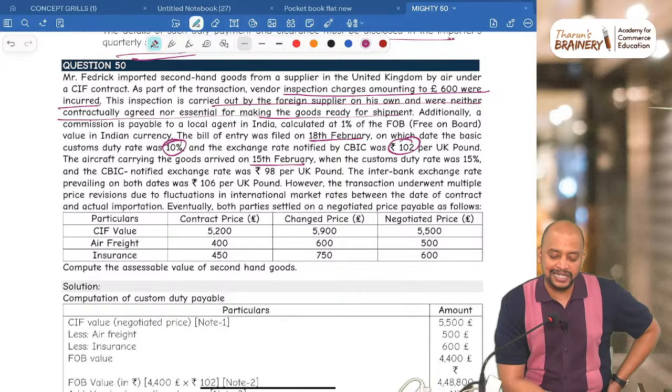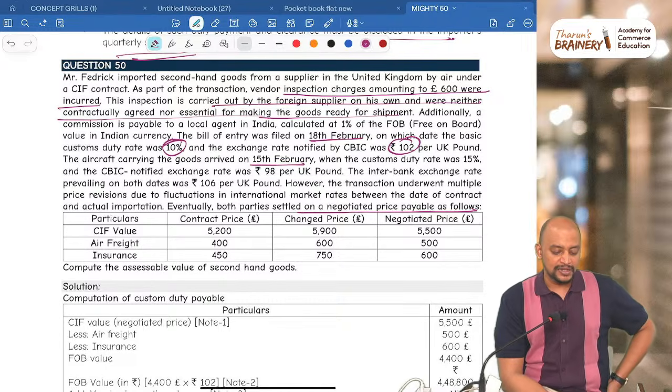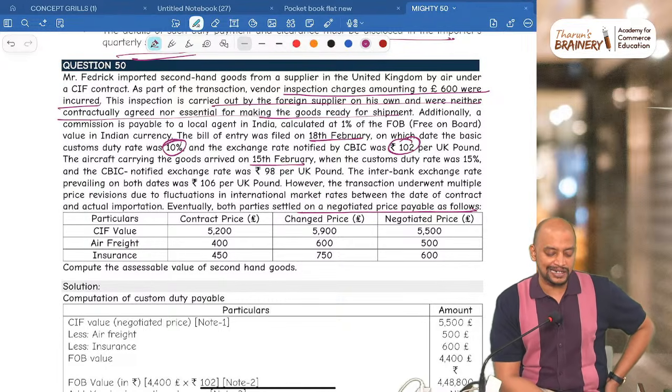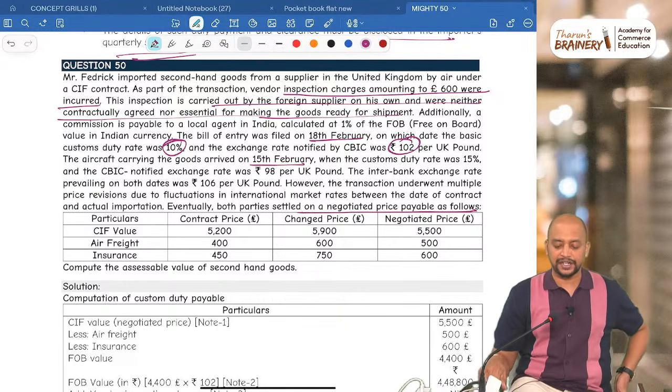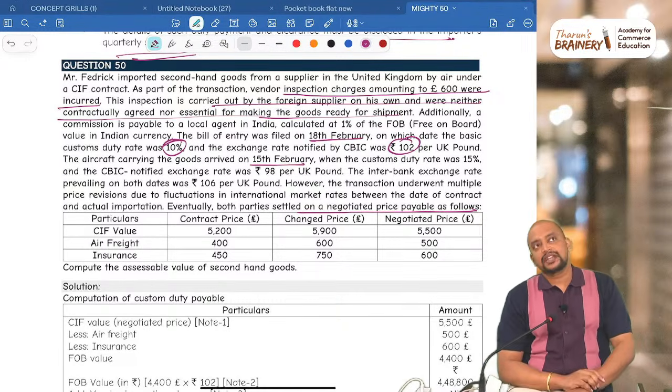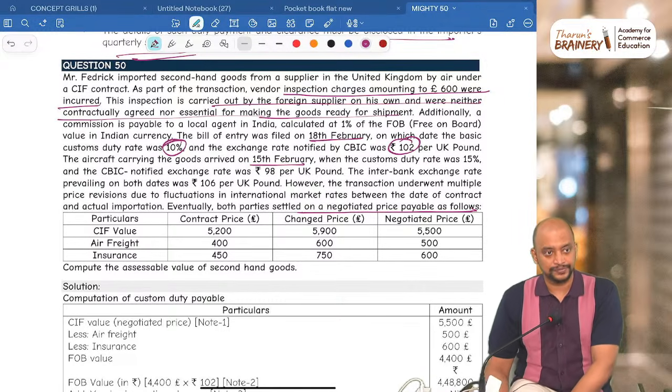However, the transaction underwent multiple price revisions due to fluctuations in the international market between the date of contract and the actual importation. Eventually, both the parties settled on a negotiated price payable as follows. CIF value 5,500, contract price, changed price, negotiated price, air freight, insurance. Compute the assessable value of the second-hand goods. Listen, what is the price prevailing at the time and place of importation?